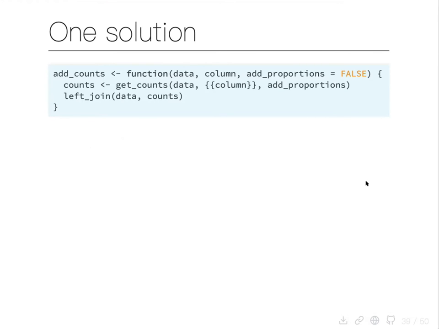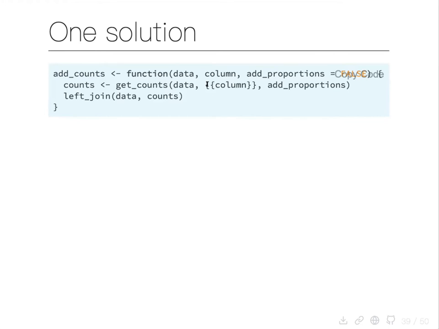This is how I would do it, all right? I'm creating a new function which I'm calling add counts, okay? That's going to take the same arguments that I had before, the data, the column that I want to summarize or get the counts from, and then add proportions equals false. Then I'm going to create an object in here called counts, where I'm applying the get counts function. Notice because I was using non-standard evaluation before within that function, I now have to do the same thing here.